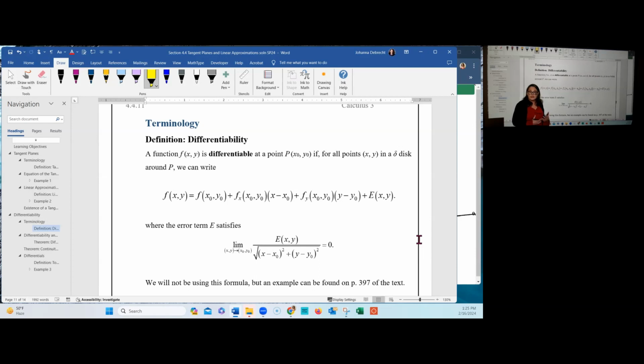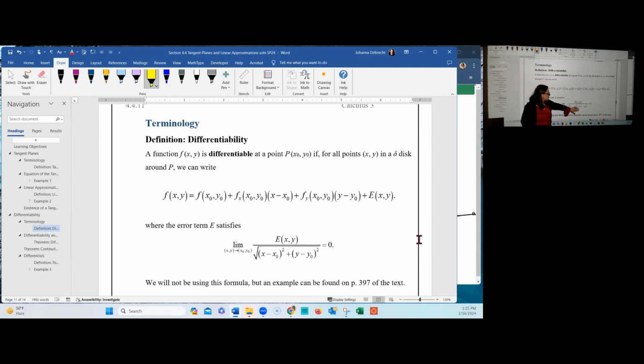So when we're looking at this error term, we want to evaluate what happens. The error term must cause this relationship here to go to 0 for it to be differentiable at the point. If the error term is going to 0, that basically implies that we have a tangent plane at that point.